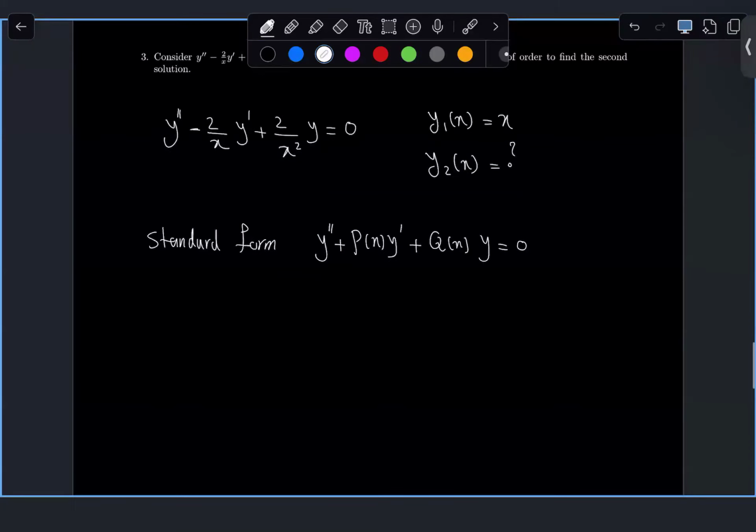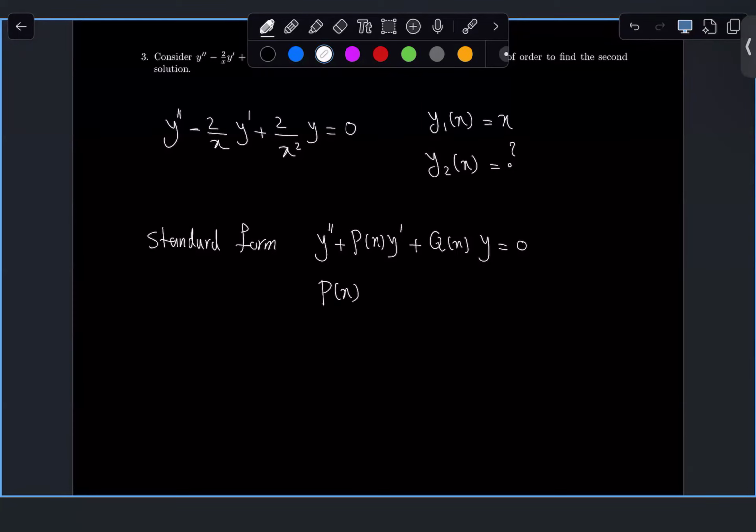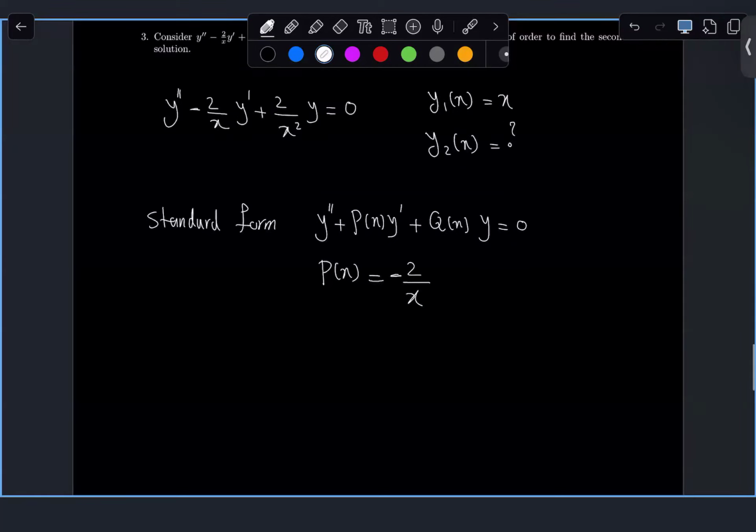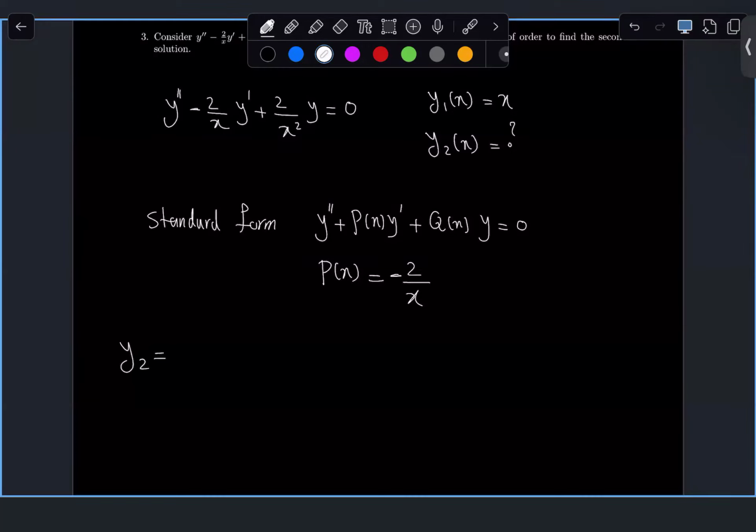And now we use the formula, right? So P of x in this problem is -2 divided by x. So y2, what is the formula? Can someone tell it to me?